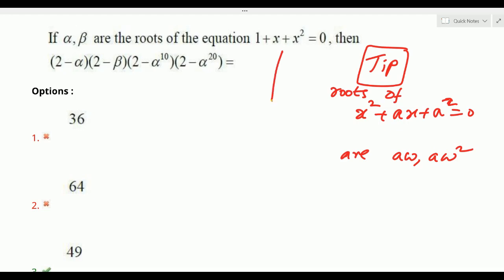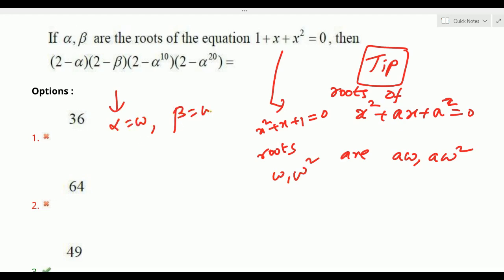In our given equation, x square plus x plus 1 equals 0, a is 1 and a square is 1, so what are the roots here? The roots are 1 omega and 1 omega square, that is omega and omega square. Indirectly, it is given that alpha is omega and beta is omega square.